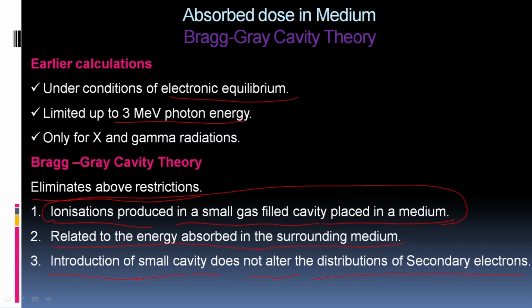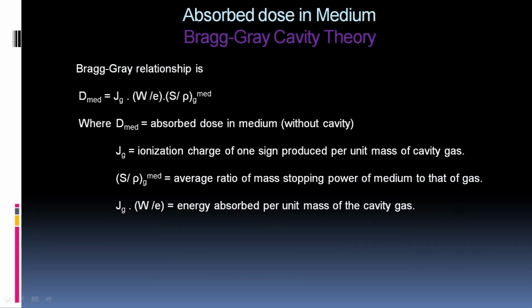By these assumptions, the Bragg-Gray relationship gives the dose in any medium, it may be soft tissue, water, or bone: D medium equals Jg multiplied by W by E times S by rho. I am going to explain Jg.